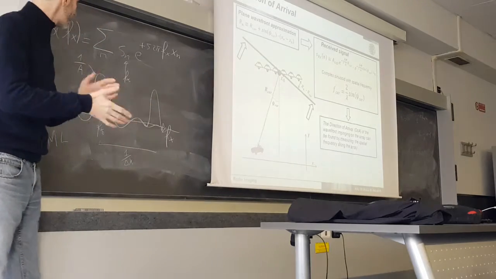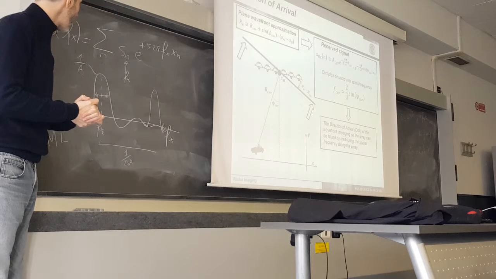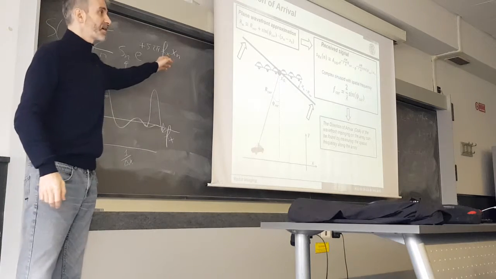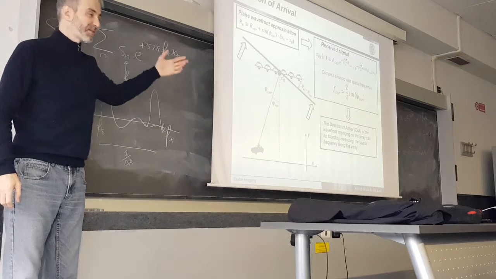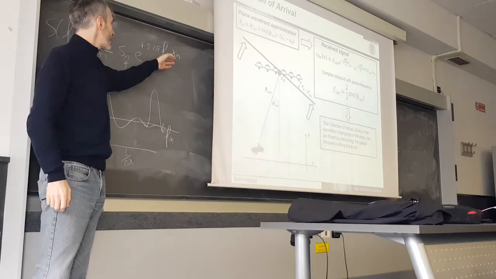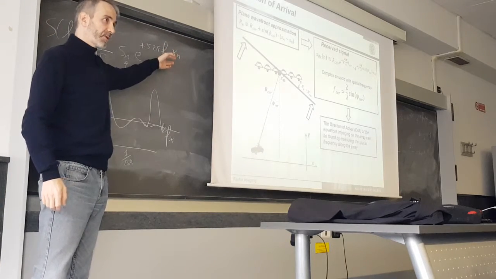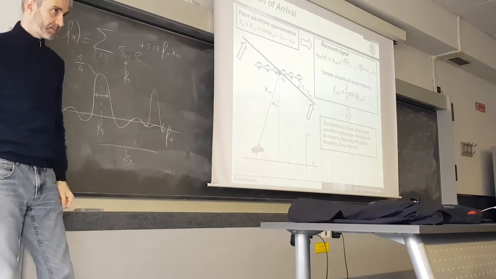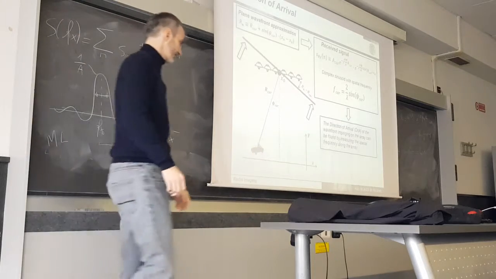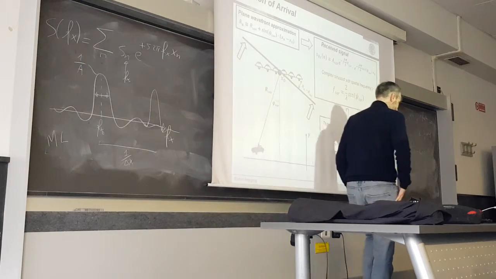You may want to notice, maybe you know already, that this fx is a spatial frequency. So it is not measured in hertz. The unit of this frequency is meters to the minus 1. So spatial frequency. Excellent.